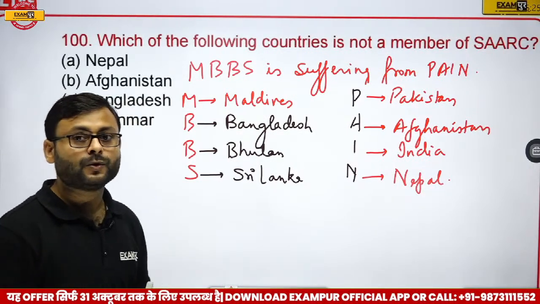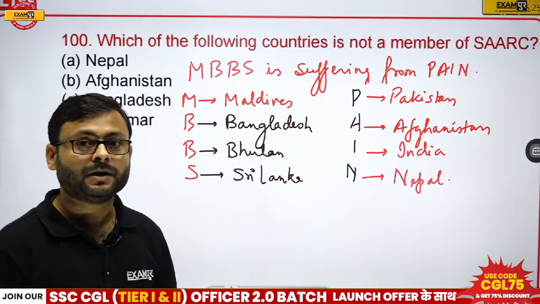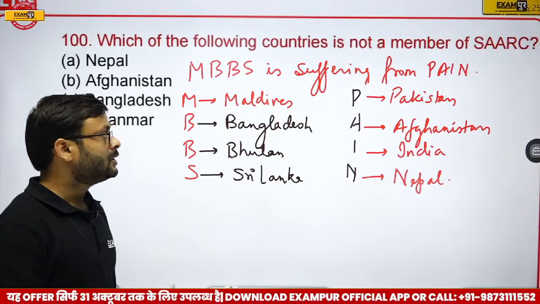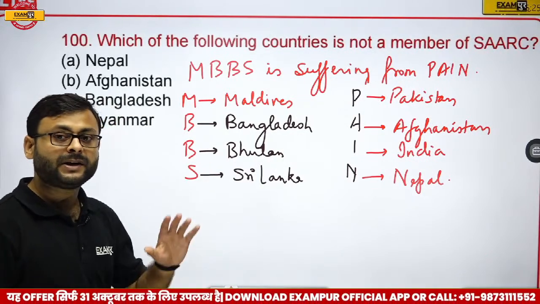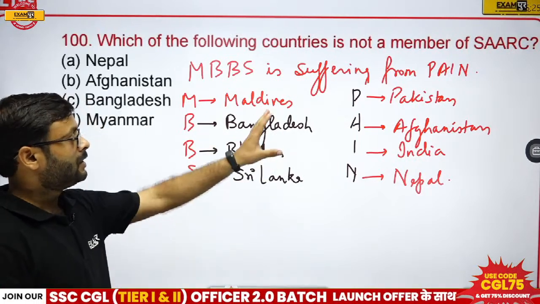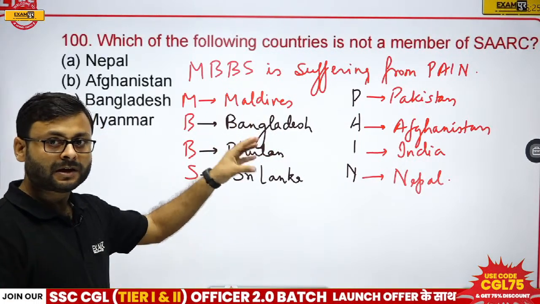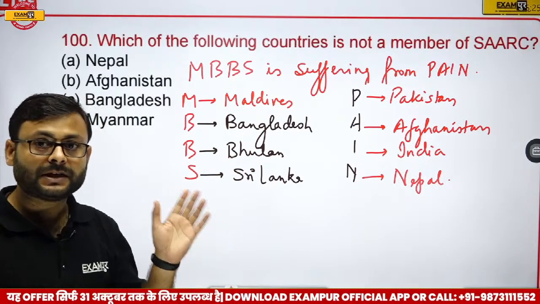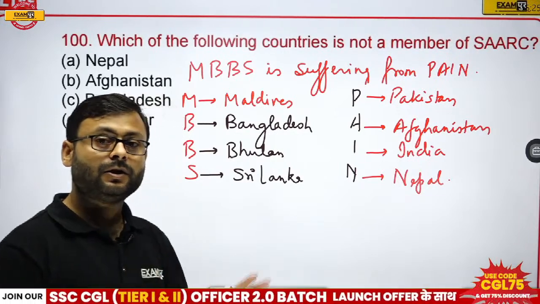At the same time, the Uri attack happened in the Jammu and Kashmir region of India. So the 19th meeting was cancelled, and the SAARC member nations boycotted Pakistan, and since then no meeting of SAARC has been held.